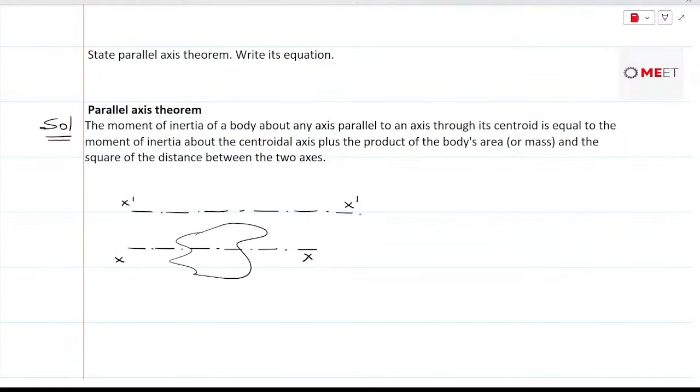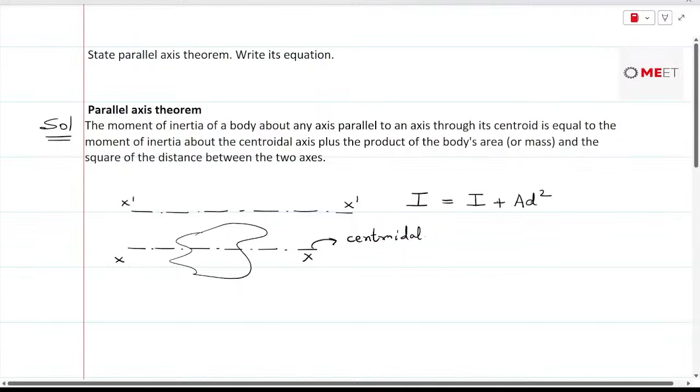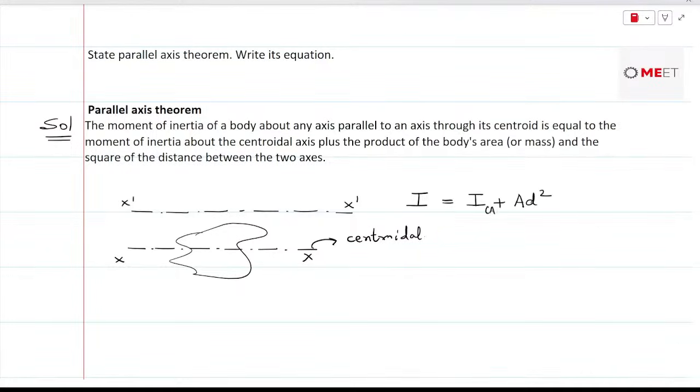The moment of inertia about the x dash axis, let's say it is I, can be expressed as the moment of inertia about the centroidal axis plus area into d square. If it is area, we write it as I subscript ca, that is moment of inertia about the centroidal axis, or sometimes indicated by I bar, plus A times d square. This is for area moment of inertia.